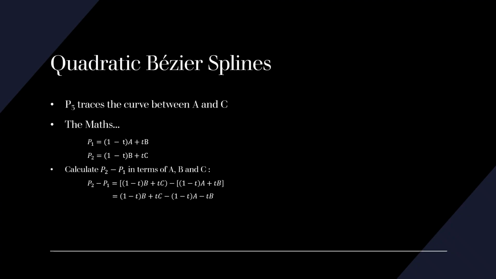We multiply out the brackets, collect terms, and get to this point here. So we've now got a value for P2 and P1 based on our start point, end point, and control point.